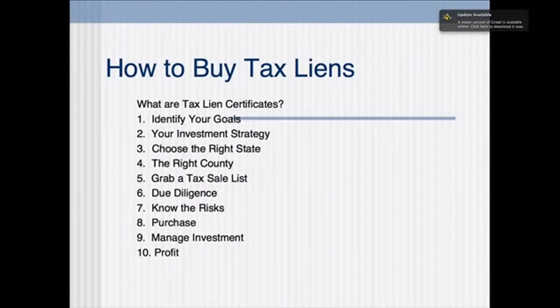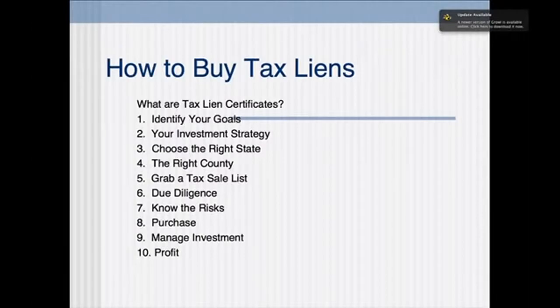The other thing that you might want to consider is the length of the redemption period. There's a certain time frame that the states give you, or the actual property owner, to redeem that so that they don't lose their home. What is that length? You also need to consider your investment budget. How much do you have to invest? Because these properties are going to cost money and also take your time.